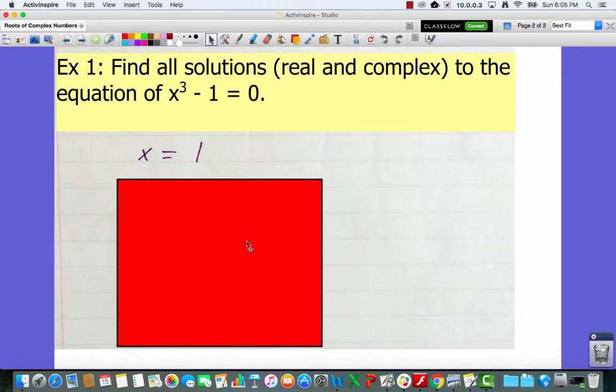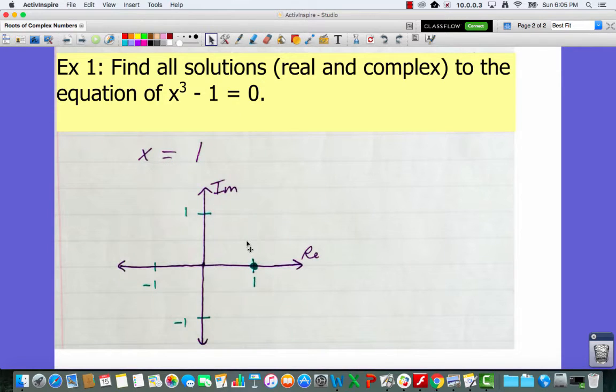Now, to find the other 2 solutions, I'm going to go to the complex plane. Here's our real axis, here's our imaginary axis, and here's the solution that we just found plotted at x equals 1. Now, I'm going to use this axis to find our other 2 solutions, and this is a fact. The other 2 solutions will be equally spaced around the unit circle from this point.